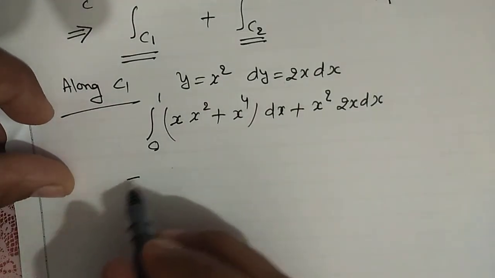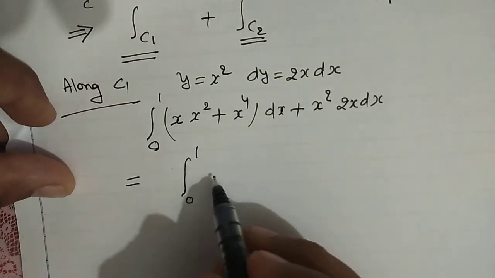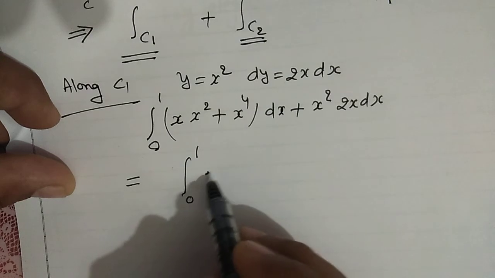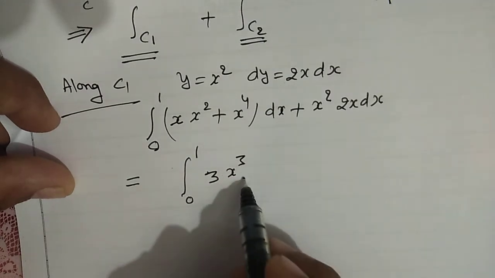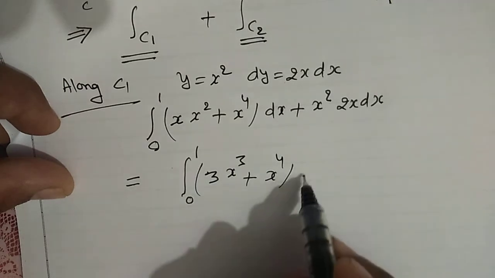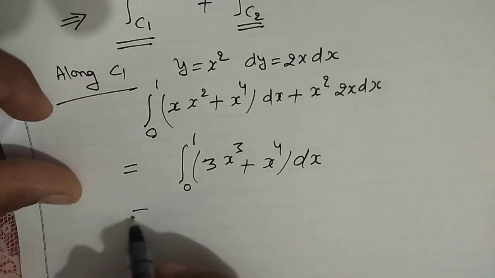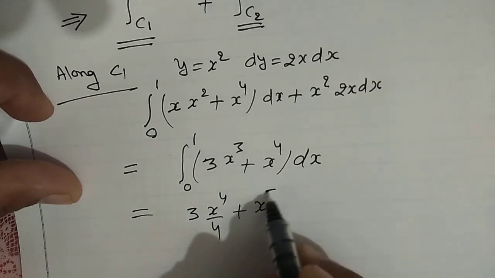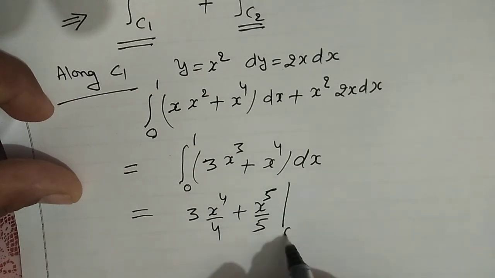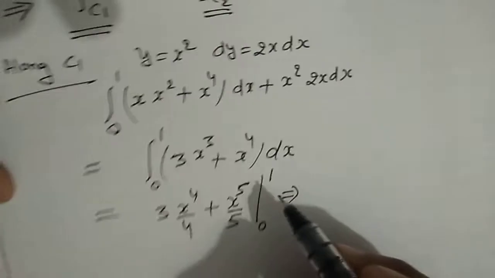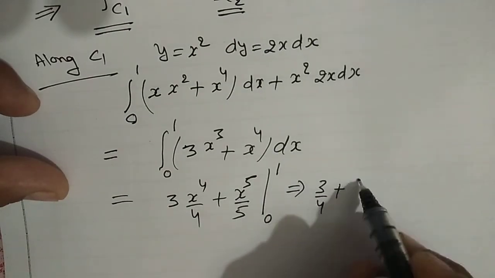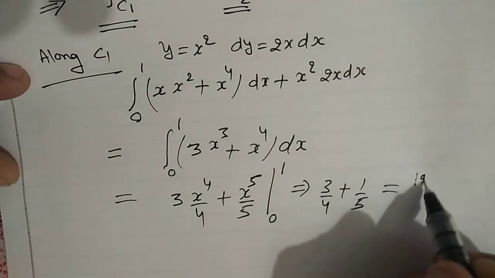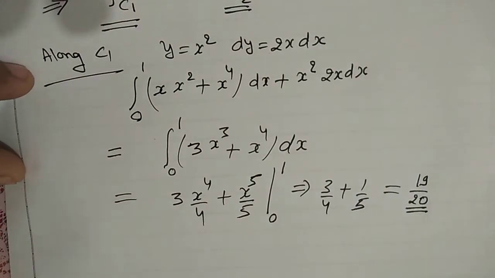So we have integral 0 to 1 of x cube plus 2x cube, so 3x cube, plus x power 4, dx. This will be 3x power 4 by 4 plus x power 5 by 5, from 0 to 1. So this will be 3 by 4 plus 1 by 5, and if you add, we get 19 by 20. So this is along C1.